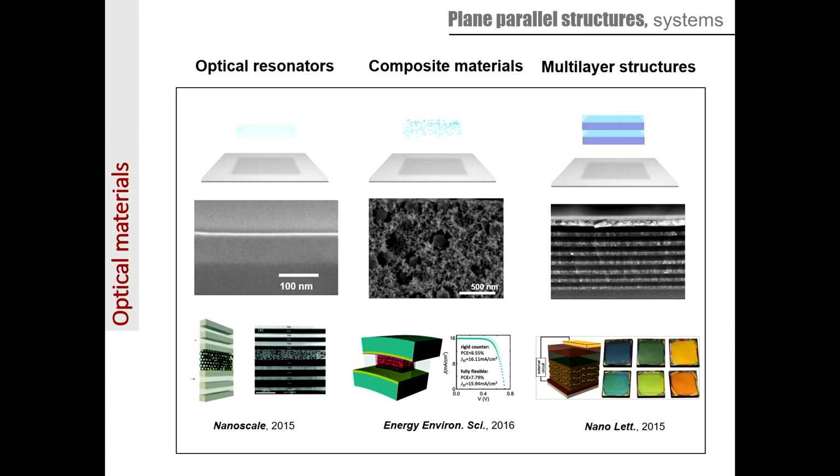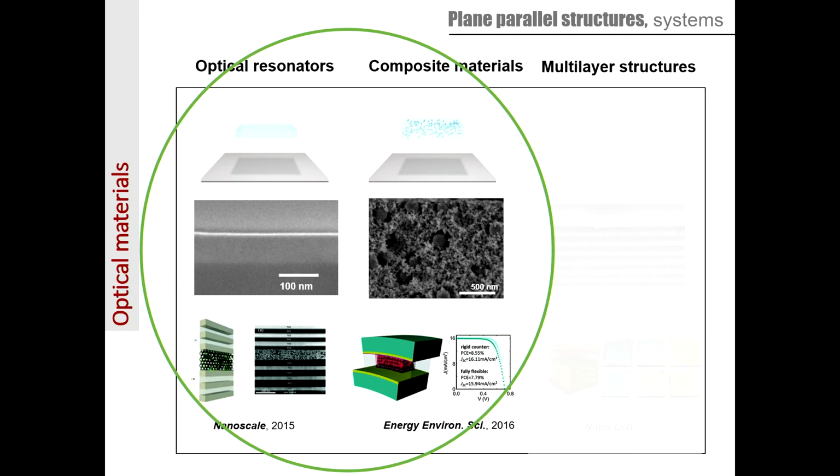So with this figure here, I would like to show you the kind of systems we can fabricate in the group. Basically, I can sort them out into optical resonators, composite materials, or multi-layer structures. And with this, we do several things like designing efficient, flexible, and colorful solar cells, for instance.